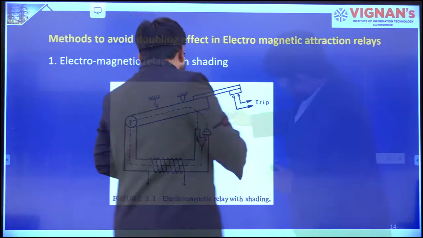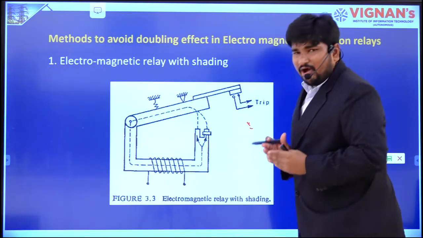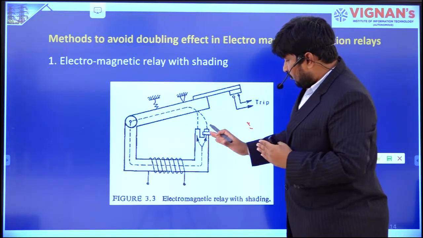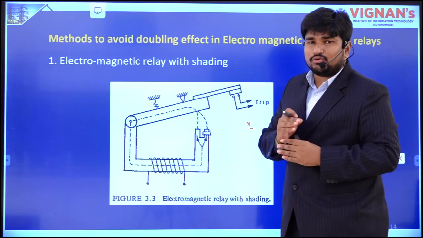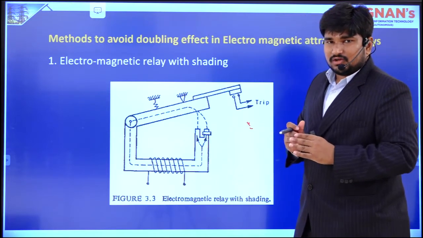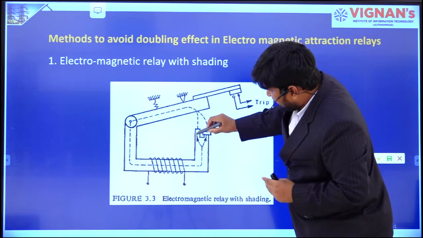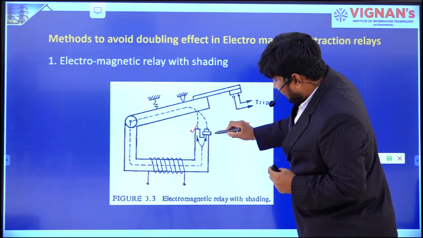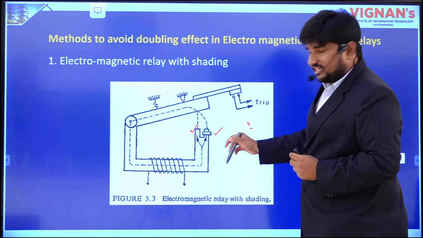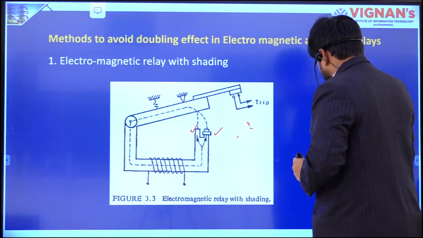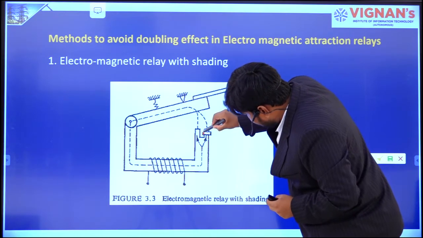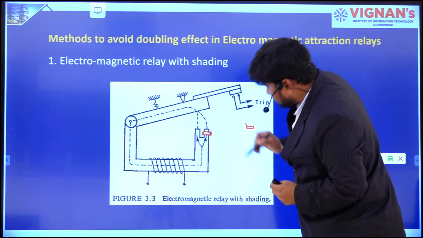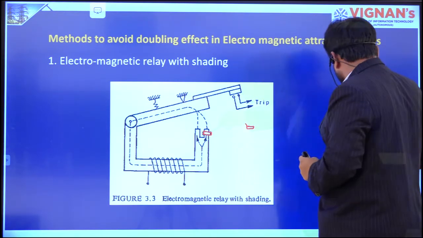Here, I have cut one electromagnetic core into two different parts. One will remain like this only, but on the other I have placed a shading ring, if you observe. This is the shading ring, a copper shading ring, placed on half of the core.